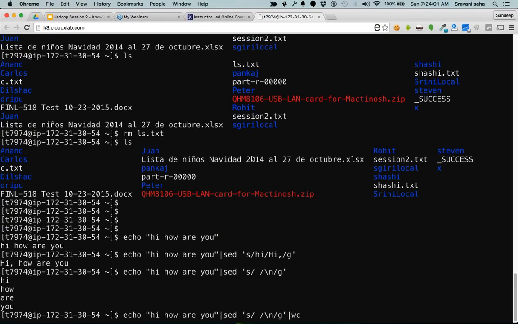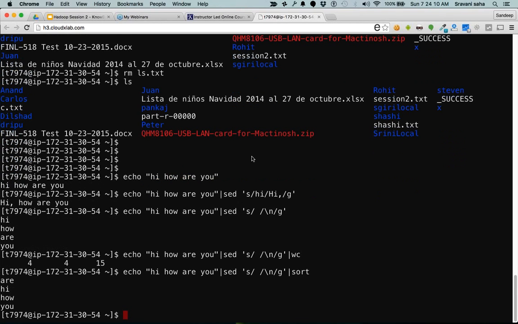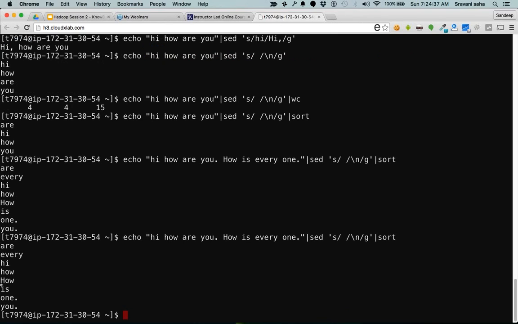Now we can do things like wc, or we can do things like sort. What does sort do? Sort basically orders the data alphabetically. So A, H, H, Y, Y. Now in this case, you can see that we are sorting the data.